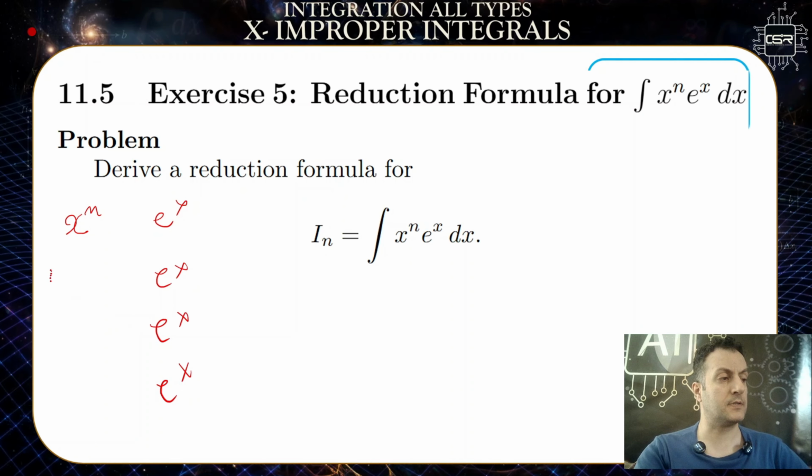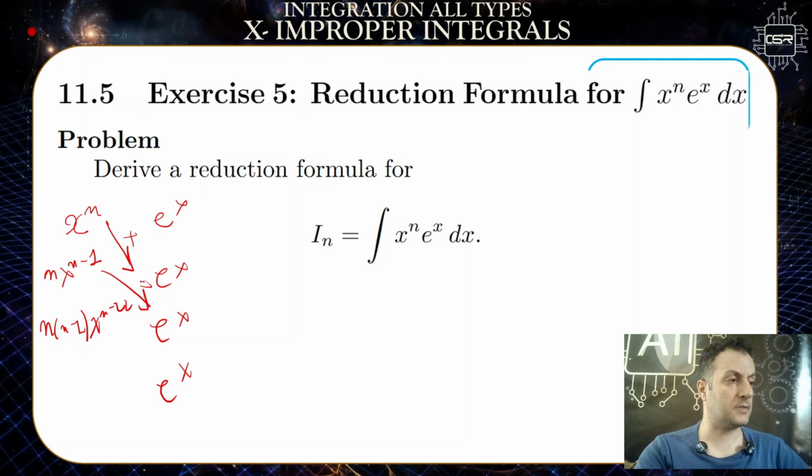As for the first, it becomes n x to the power of n minus 1, then n times n minus 1 x to the power of n minus 2, etc. Okay, so with alternating plus and minus signs, it is equal to x to the power of n e to the x minus n times x to the power of n minus 1 e to the x.